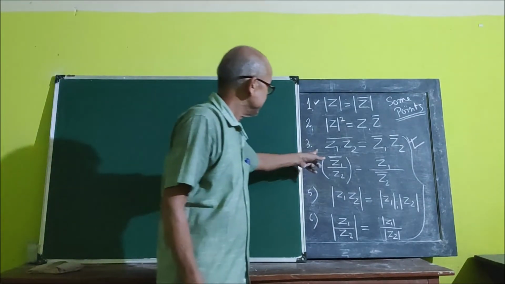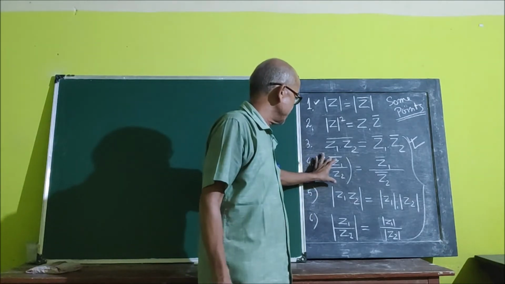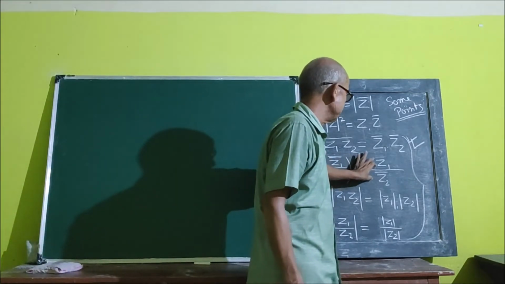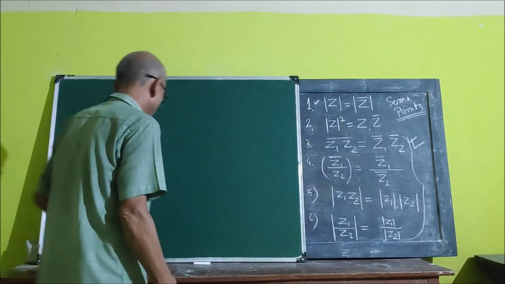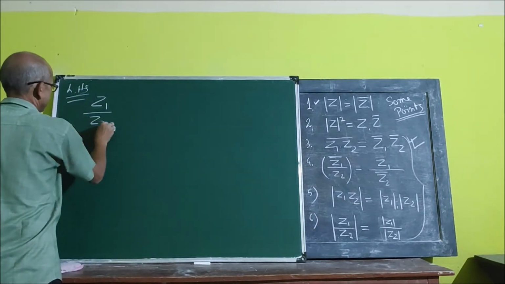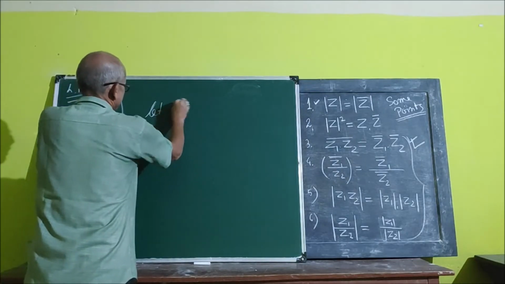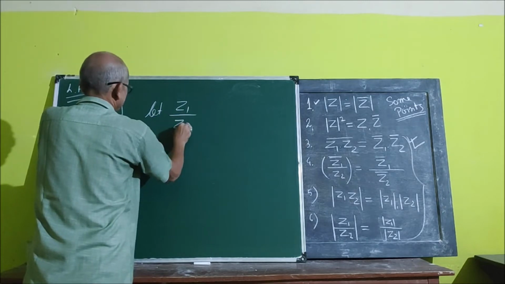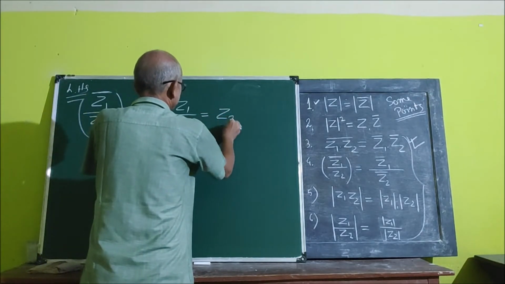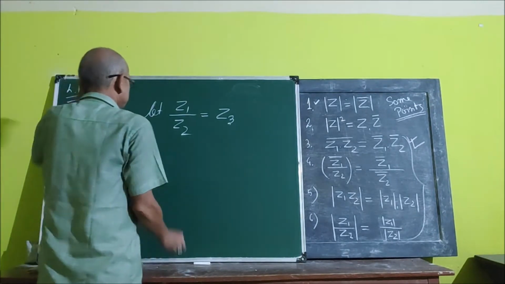Now we take point 4: the conjugate of the quotient of two complex numbers is equal to the quotient of their conjugates. Let Z1 by Z2 equal Z3.